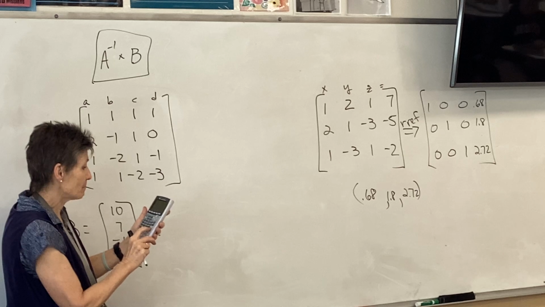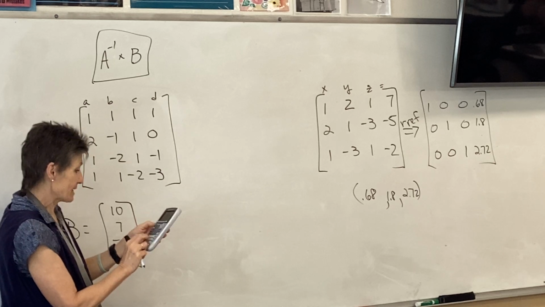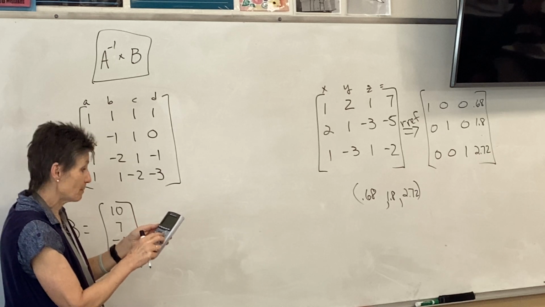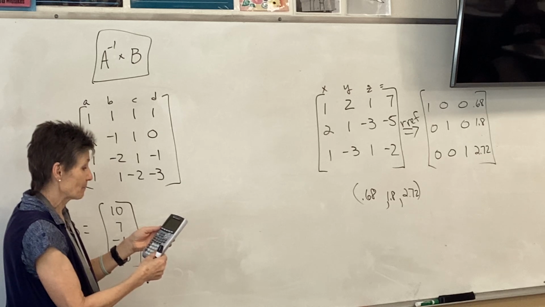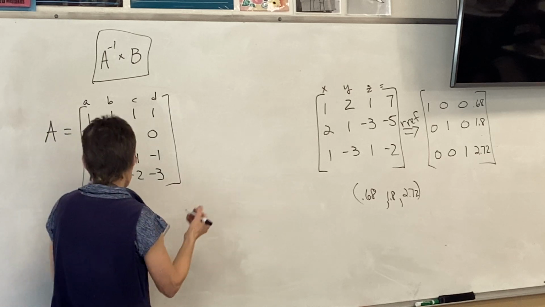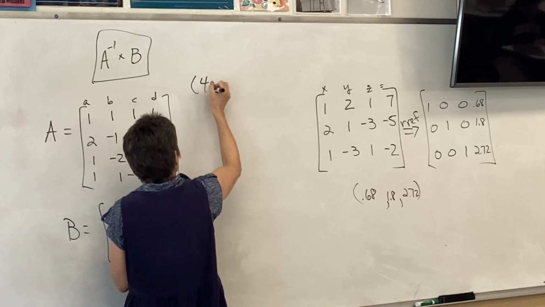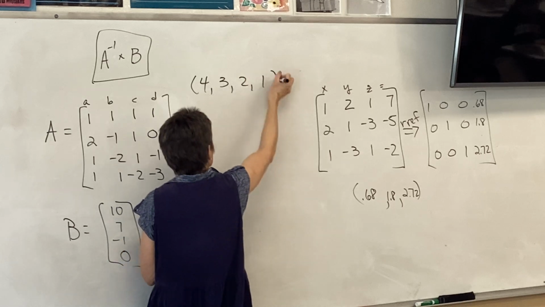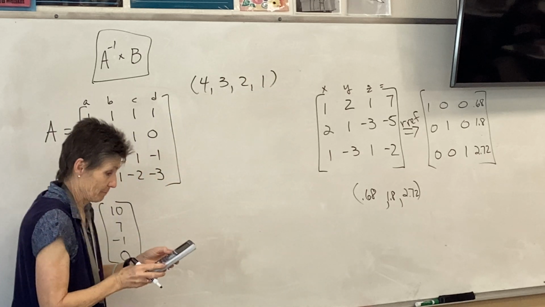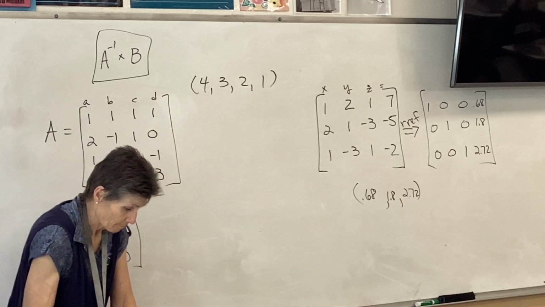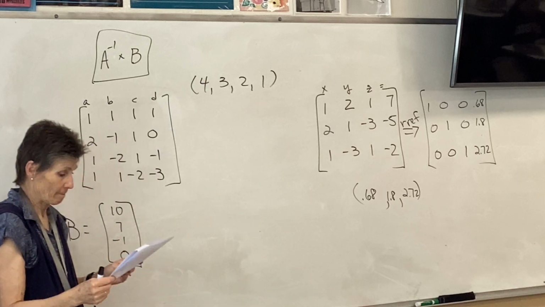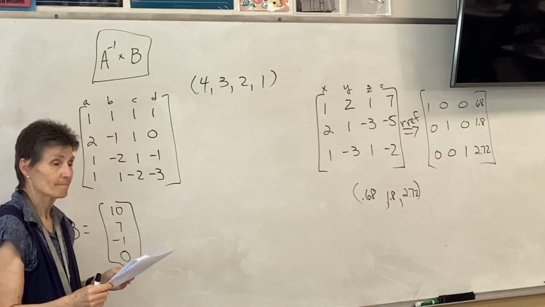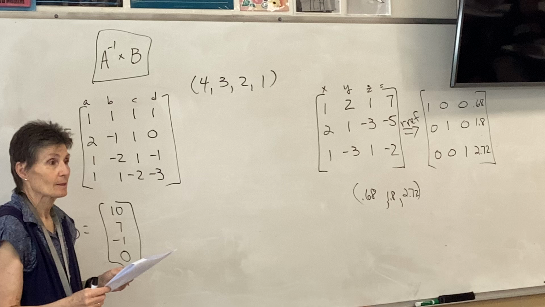And then times second matrix, go down to B and press enter. And then it came out to be 4, 3, 2, 1.